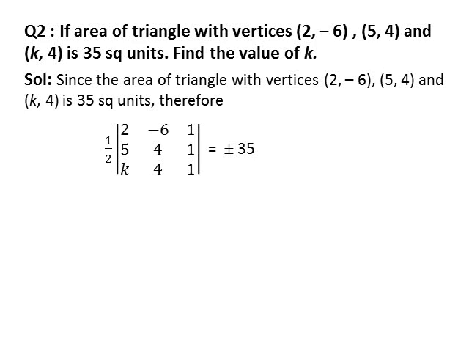Here we have used both plus and minus signs with 35 because when we calculate the value of the determinant, it may be positive or negative, and for area of a triangle we take the absolute value.